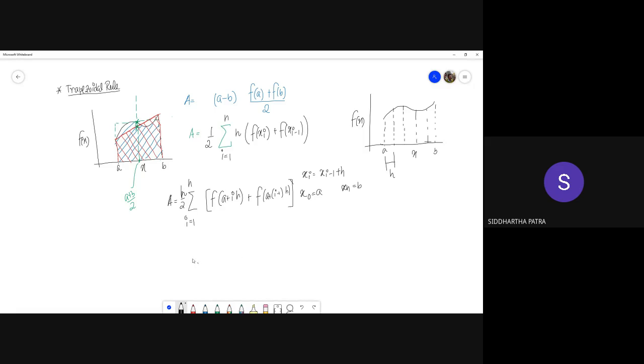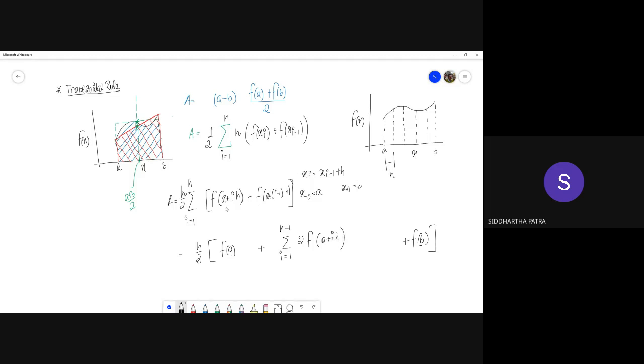This can again be written like this: h by 2 times f of a plus f of b. So this is x0 and this is xn, plus the summation over i equals 1 to n minus 1 of twice f of a plus i times h.